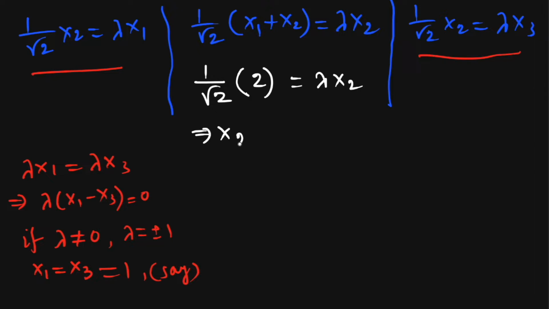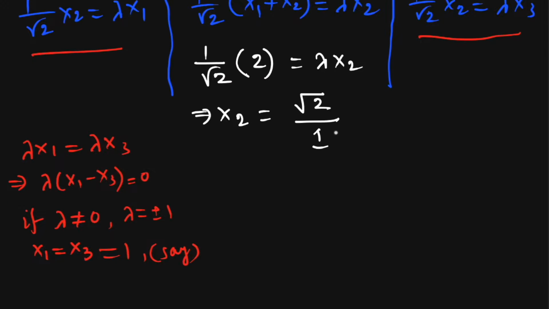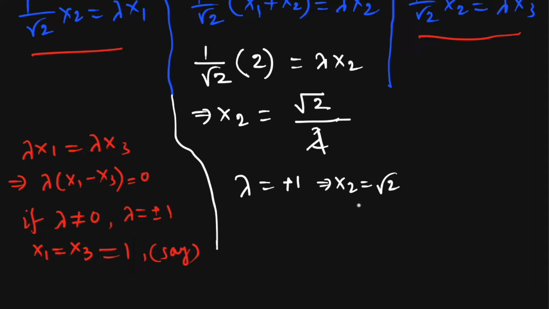That means x2 is equal to root 2 by lambda. Now for lambda equal to plus 1, x2 will be plus root 2, and for lambda equal to minus 1, x2 will be minus root 2.